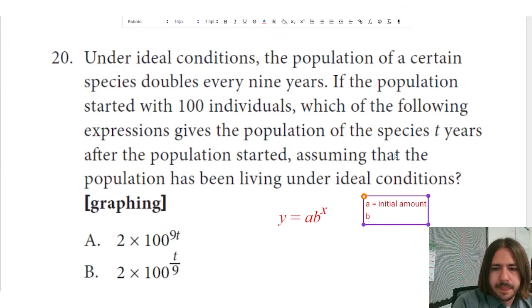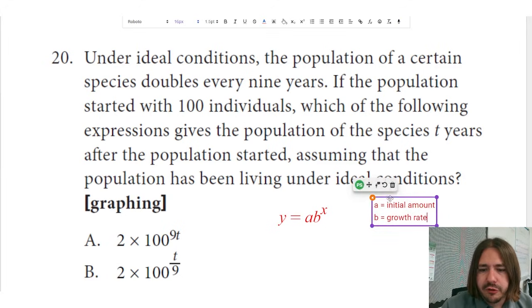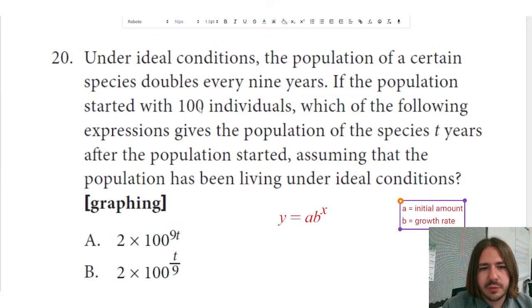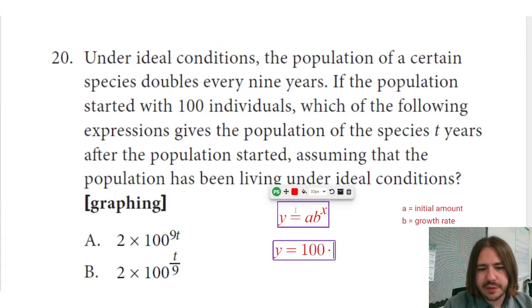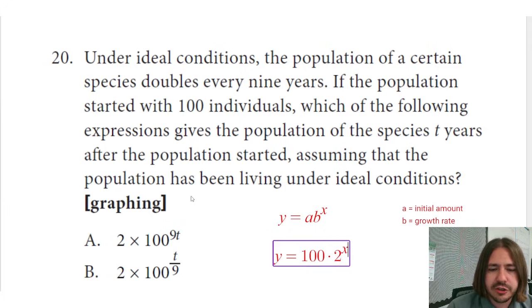And b is the growth rate. Okay, so in this case, the initial amount was 100, so we're going to start with 100. So y equals 100 times, and then we're doubling, so we're going to want to multiply this number by 2 over and over again. So that's going to be my growth rate. And there you go. There's our equation.